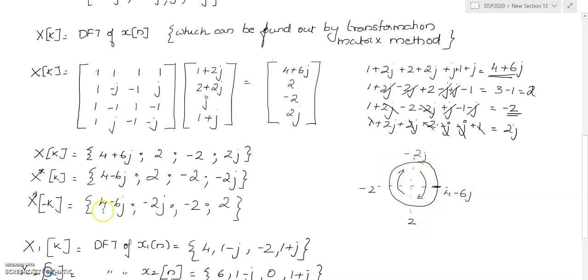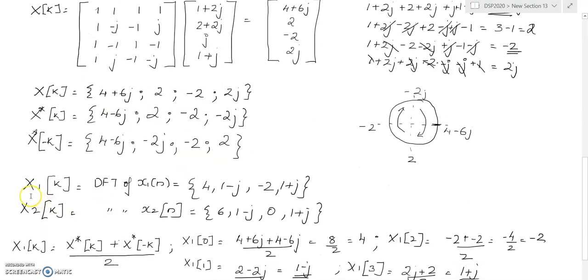So eventually our signal becomes 4 minus 6j, minus 2j, minus 2, and 2, where the switching happens between these two components. So we can find x1 of k and x2 of k using these two solutions that we have.